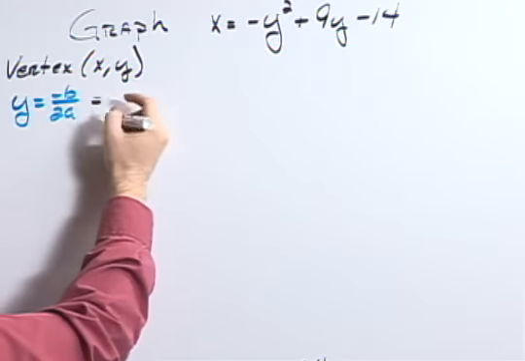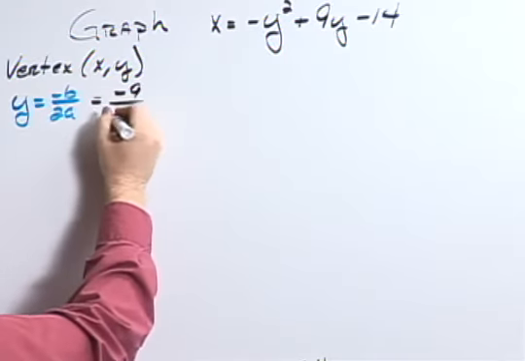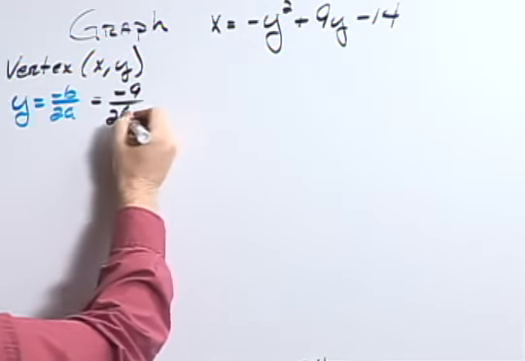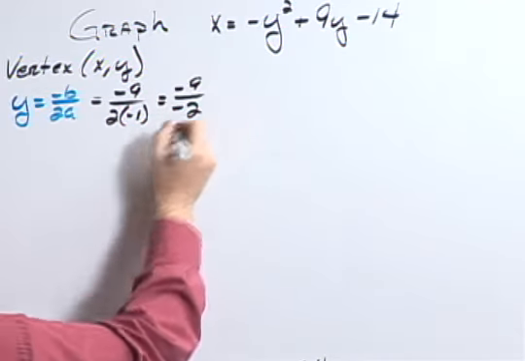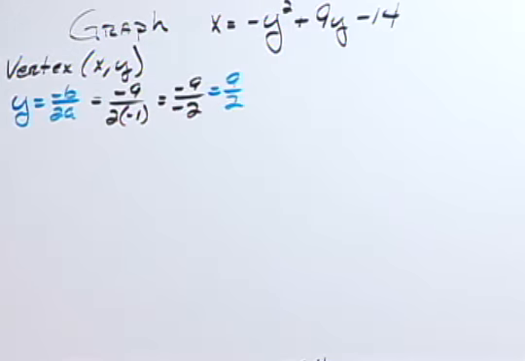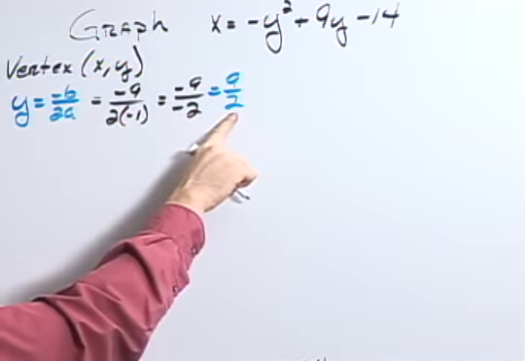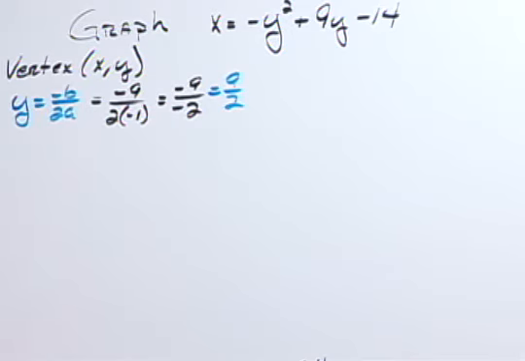Using those coefficients, negative b would be negative 9 over 2 times negative 1. So negative 9 over negative 2, which will simplify to simply 9/2.